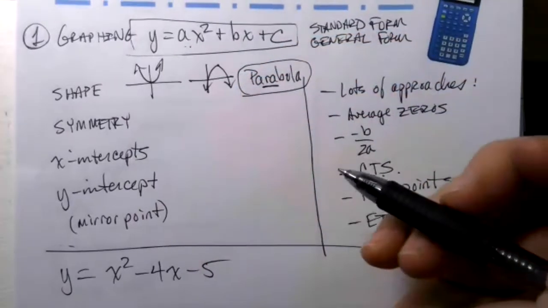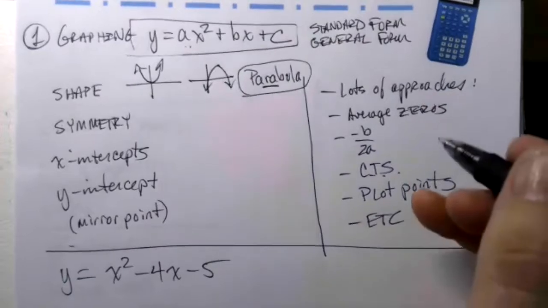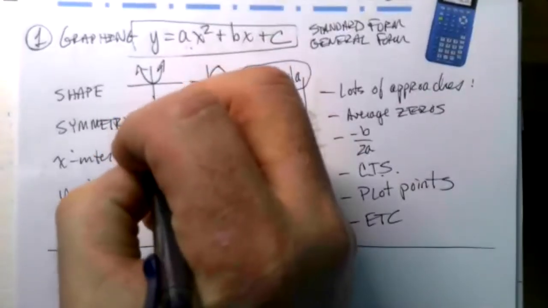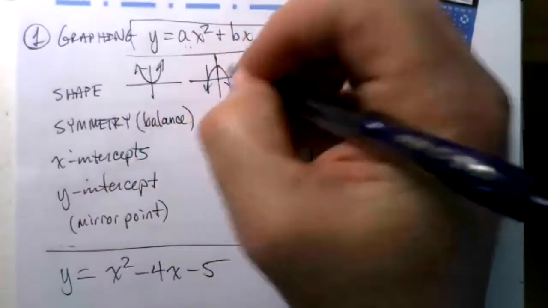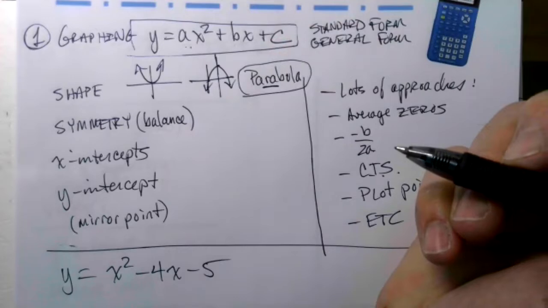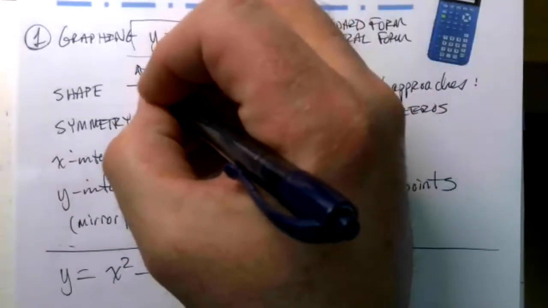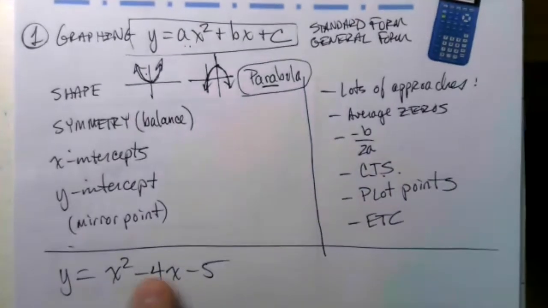We will see that it has symmetry. Symmetry basically means balance. You can picture a line going right through the middle of this thing, and it's like a mirror image on each side of it. So there's the side that goes like this and like this. We're going to look at a specific example in a hot second.